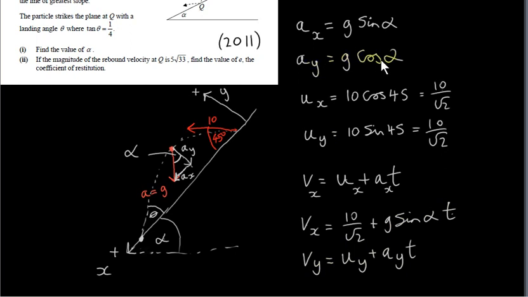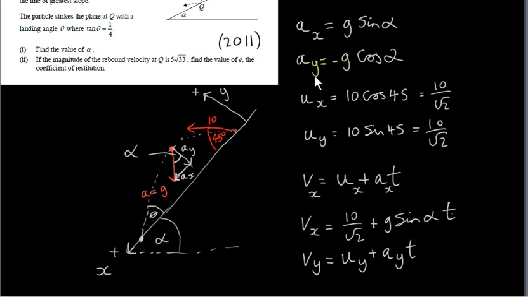Now I need to make a correction up here. You might have noticed that Ay is in the y direction, but the positive y direction is this way, away from the incline. So since Ay is pointing in a direction that's opposite to the positive y-axis, Ay is a negative vector.